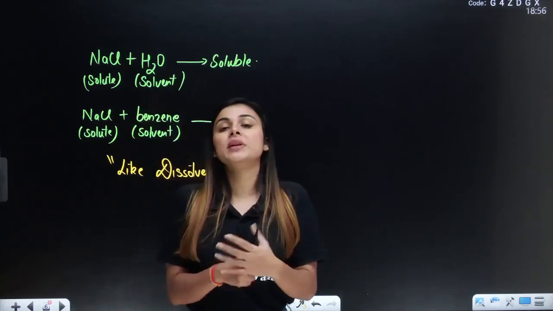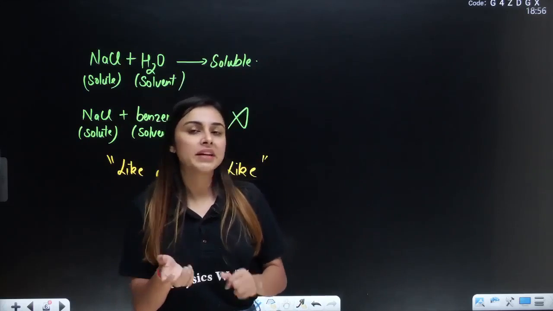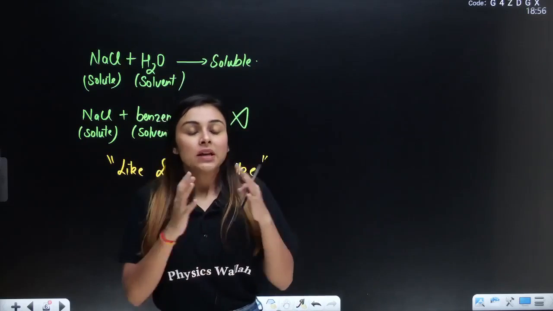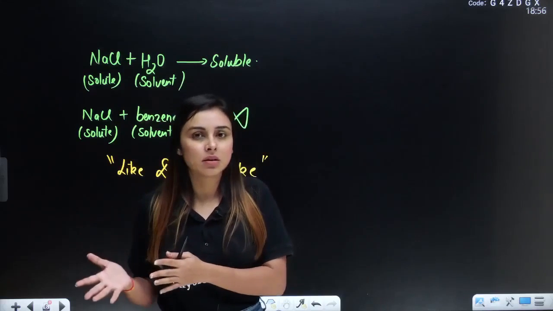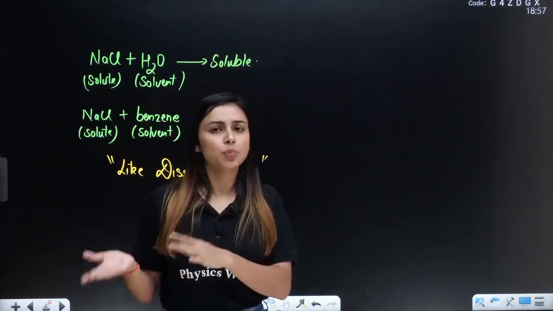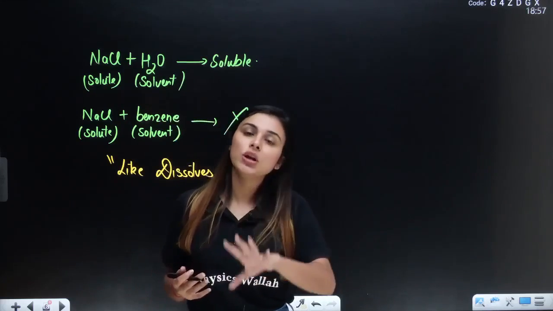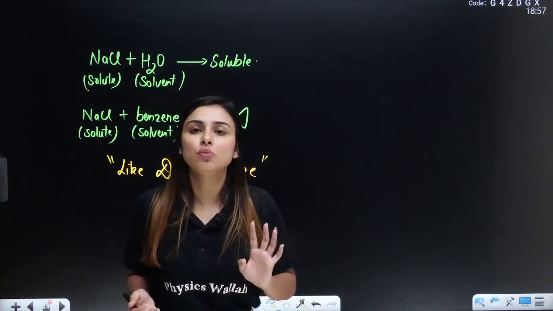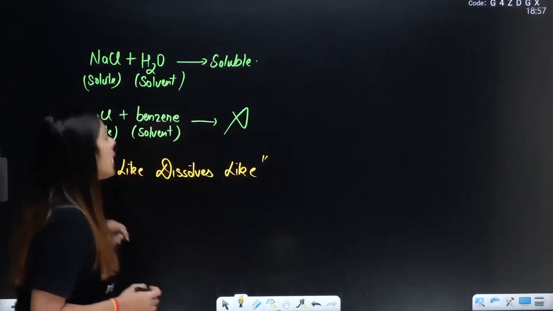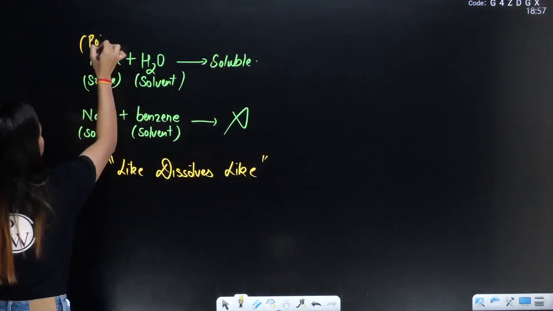For solubility, you generally check whether a solute and a solvent are polar or non-polar. Polar things will try to dissolve in polar solvents. So a polar solute will dissolve in a polar solvent and a non-polar solute will dissolve in a non-polar solvent. Now imagine what happened here. You had NaCl and NaCl is polar in nature.